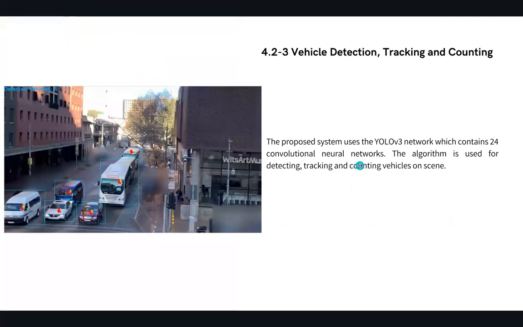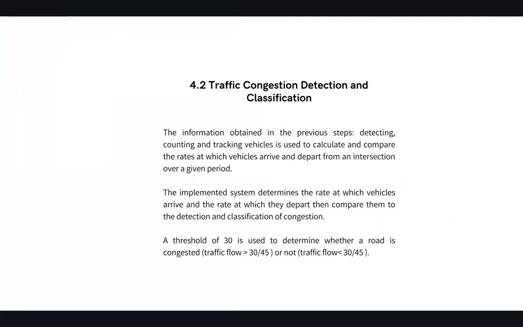The proposed system uses the YOLO version 3 network, which contains 24 convolutional neural network layers. The algorithm is used to detect, track, and count vehicles on the scene. The information obtained from the previous phases, like detecting, counting, and tracking vehicles, is used to calculate and compare the rates at which the vehicles arrive and depart from an intersection over a given period.